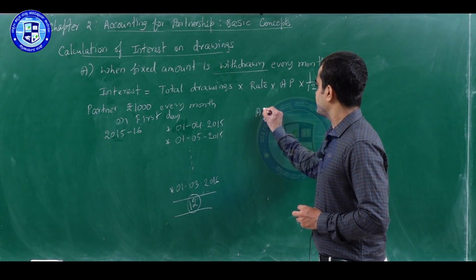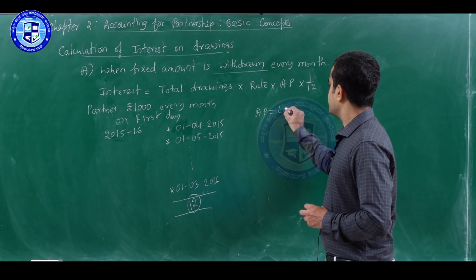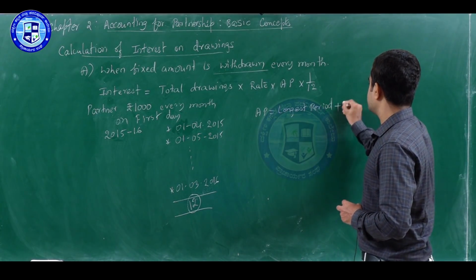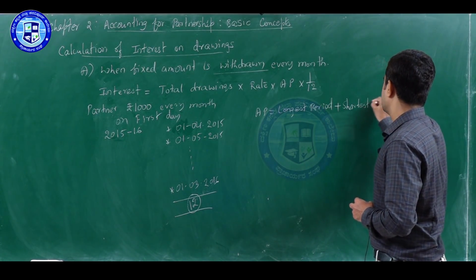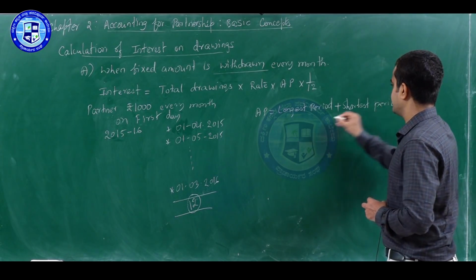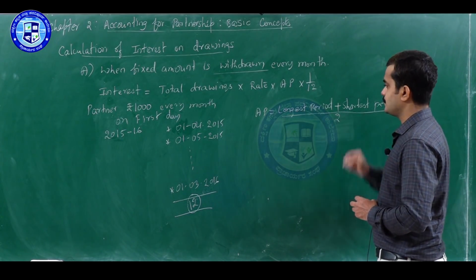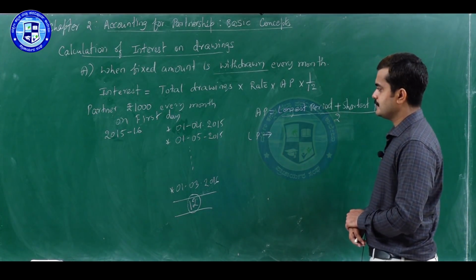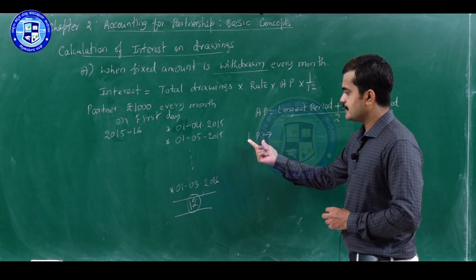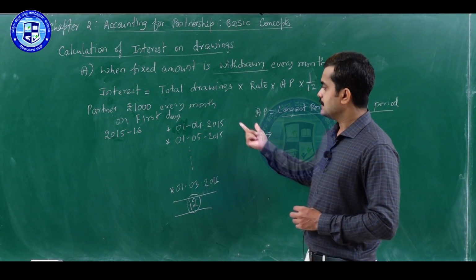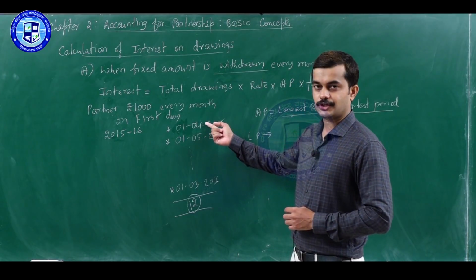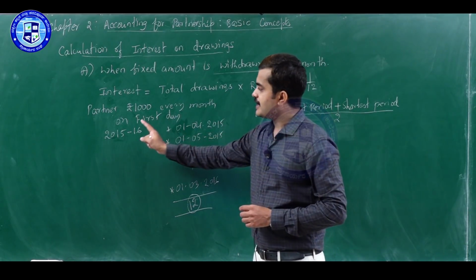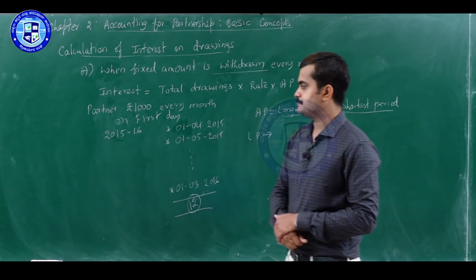Now, the formula for average period is longest period plus shortest period divided by 2. So, what is this longest period? Longest period is the time period between the date of the first withdrawal out of all those 12 withdrawals up to the last day of that accounting period.